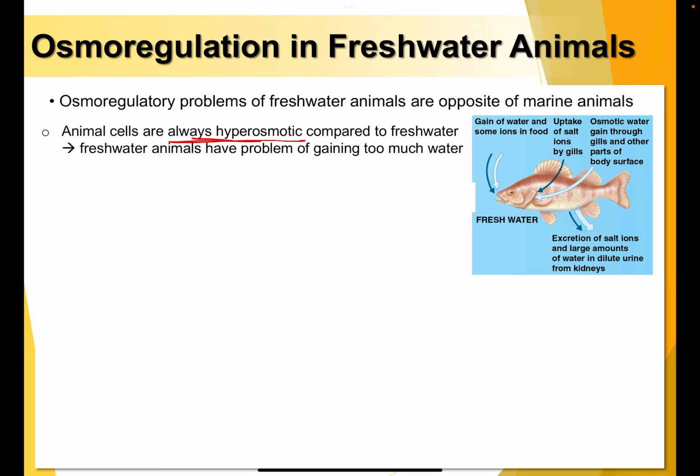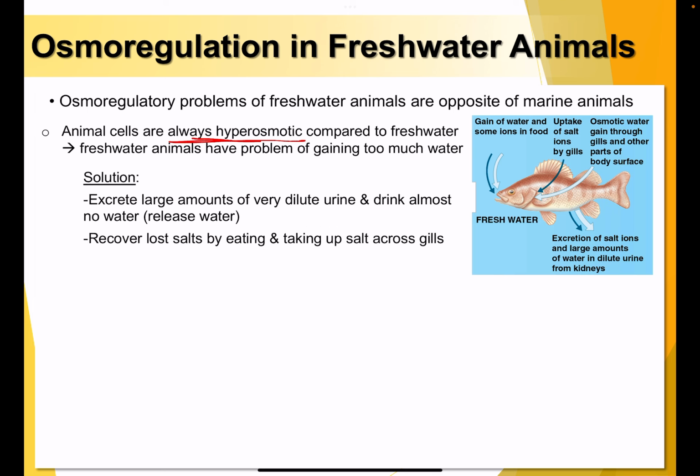So freshwater animals will have the problem of gaining too much water if they don't have some sort of adaptation that gets rid of it. The solution for freshwater fish is, in a sense, simpler than for saltwater fish. They just need to excrete large amounts of very dilute urine and drink almost no water.